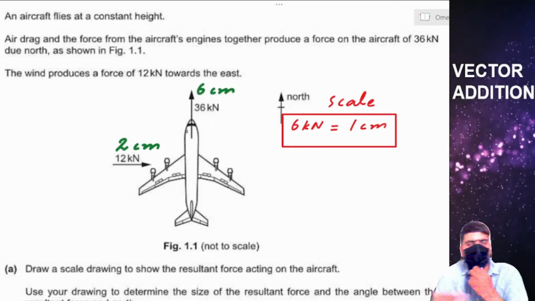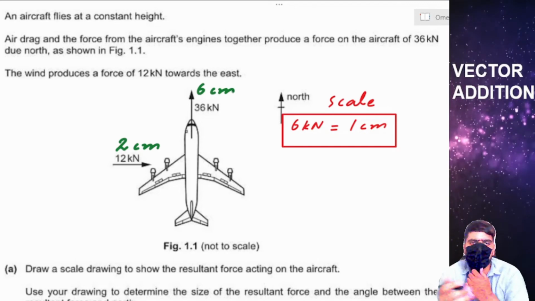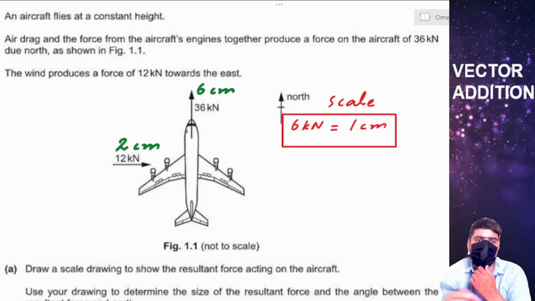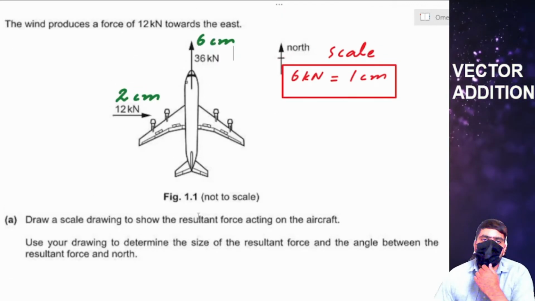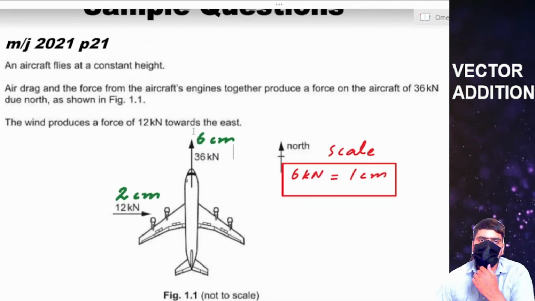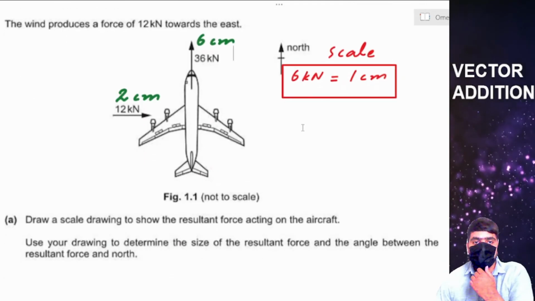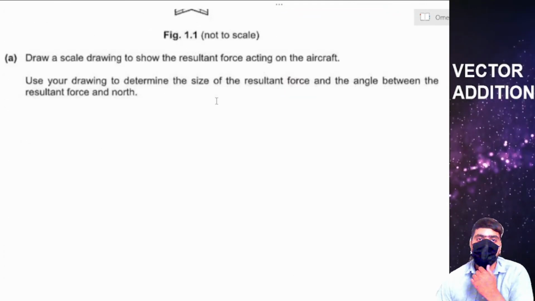How do we do that? If you're not good with it, you can simply cross multiply once again. Now I draw a line that is 2 centimeters towards east, and that is 6 centimeters towards north.